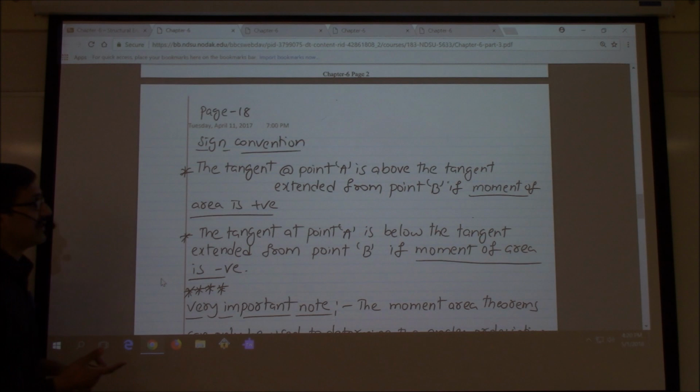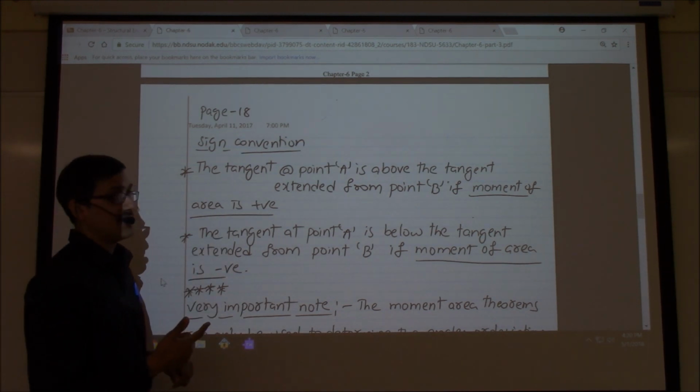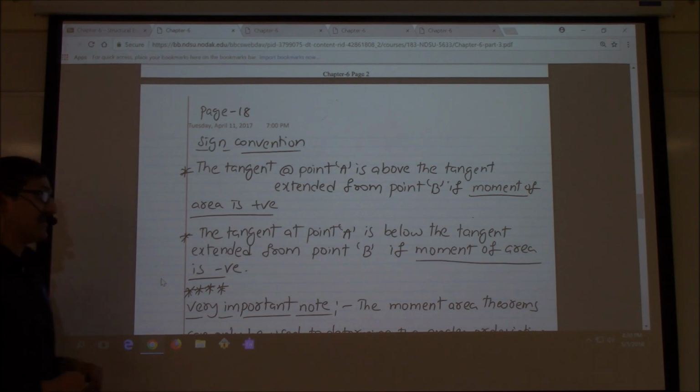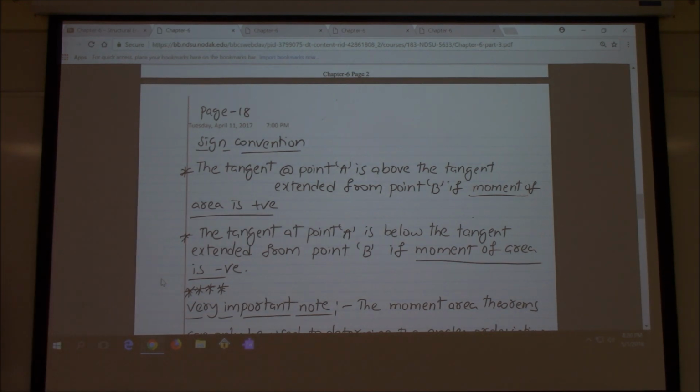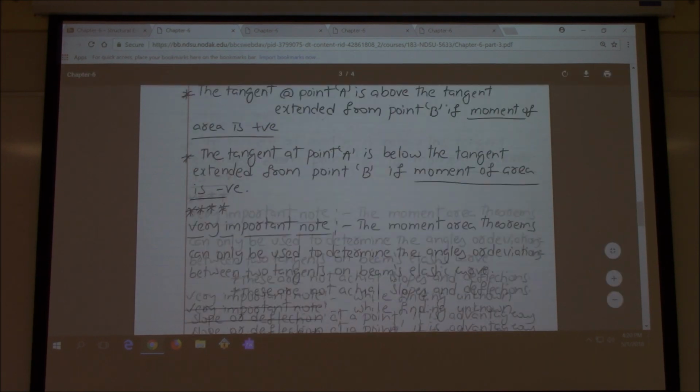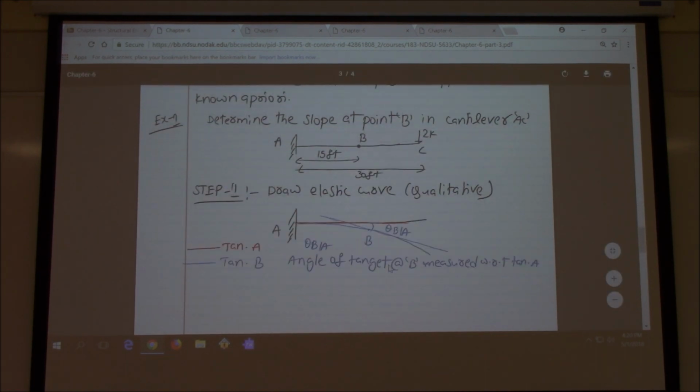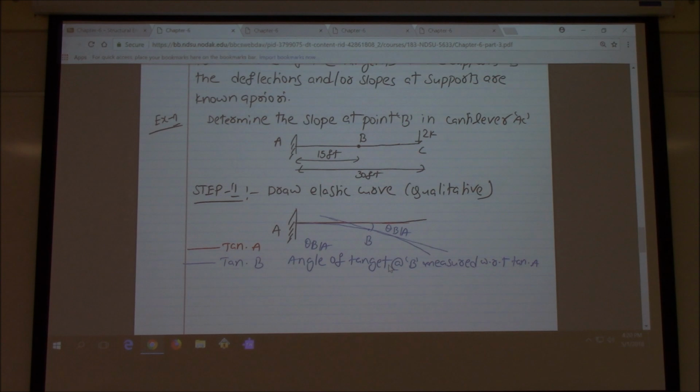Similarly, if the moment of area is negative, that means your point of interest lies below the tangent from which you measured the deviation. So now let's quickly go through some sample problems that will help you understand the moment area theorems in a better way.